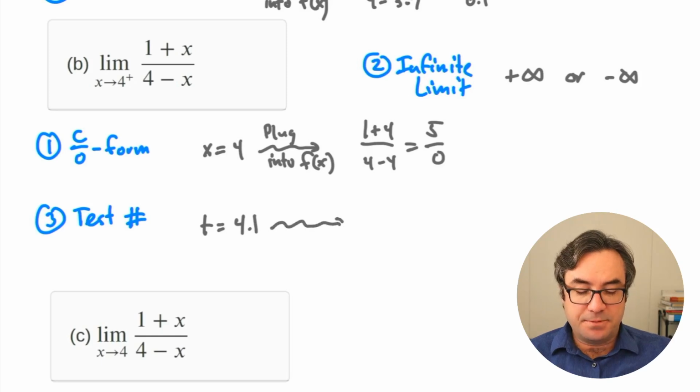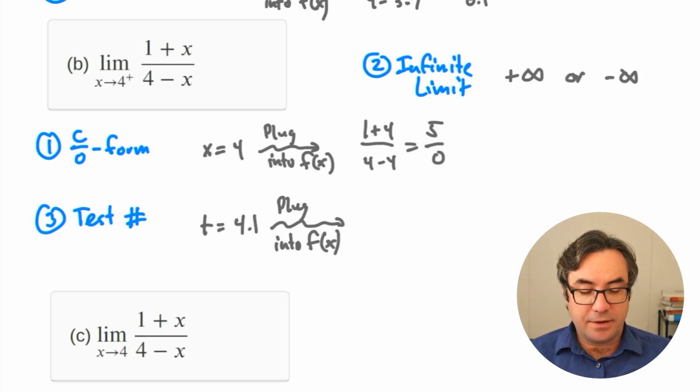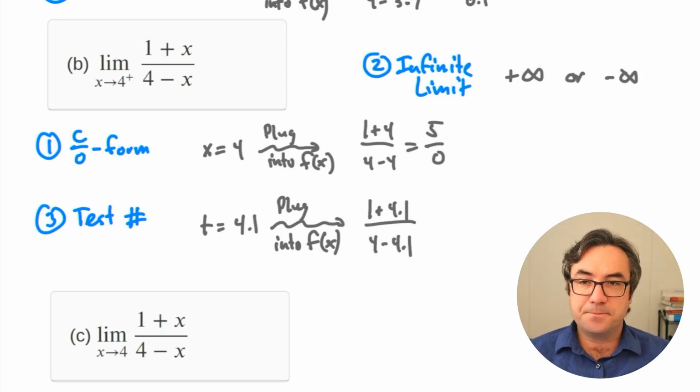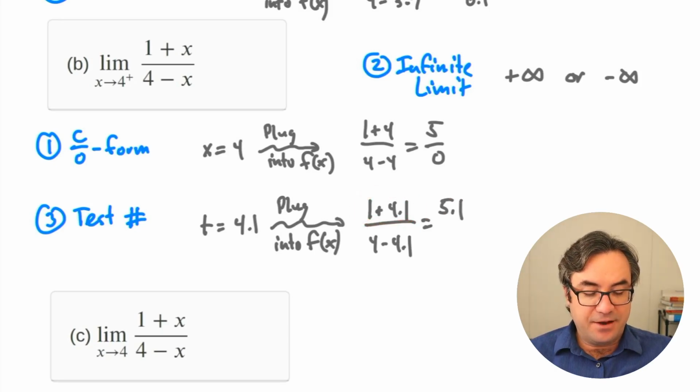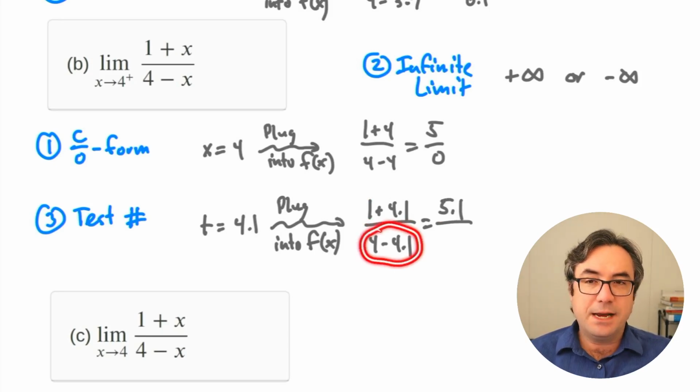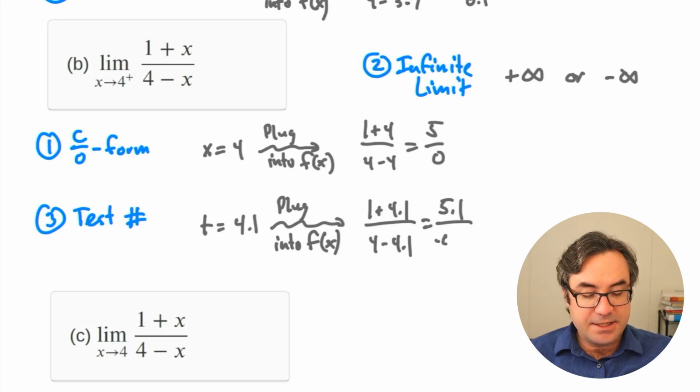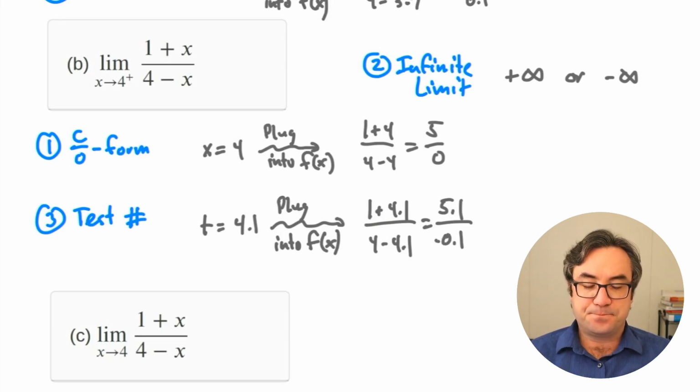And then we plug this back into the function. So what do we get when we plug that in? Well, we get 1 plus 4.1 divided by 4 minus 4.1. Try to simplify as much as you can. So 1 plus 4.1 is just 5.1. And then in the denominator here, 4 minus 4.1 is negative 0.1.